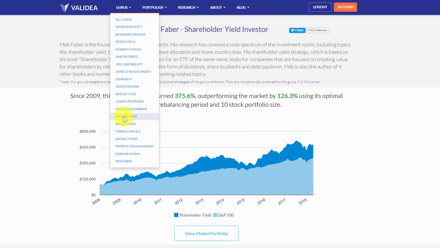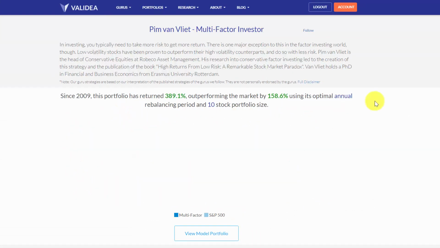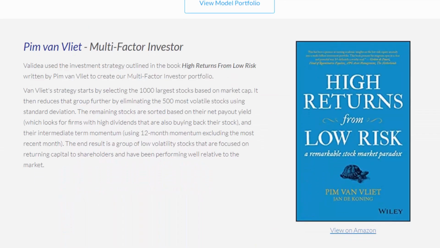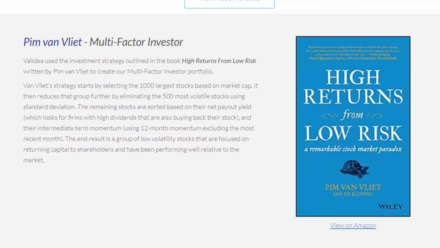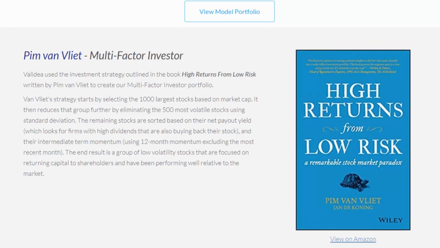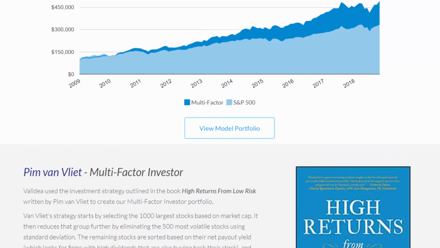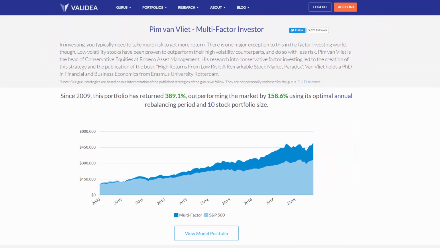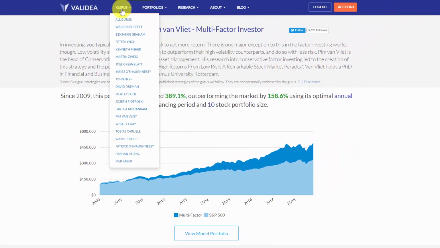The Multi-Factor Investor model, based on Pim van Vliet and his work in his book High Returns from Low Risk, A Remarkable Stock Market Paradox. This is a multi-factor model that seeks low volatility stocks that have strong momentum and high net payout yields. Note that this model is using net buyback yield instead of shareholder yield.